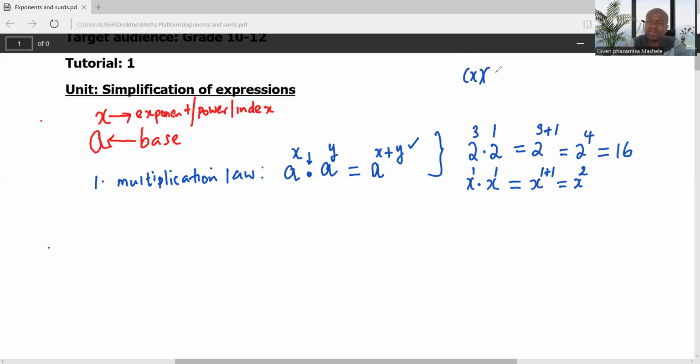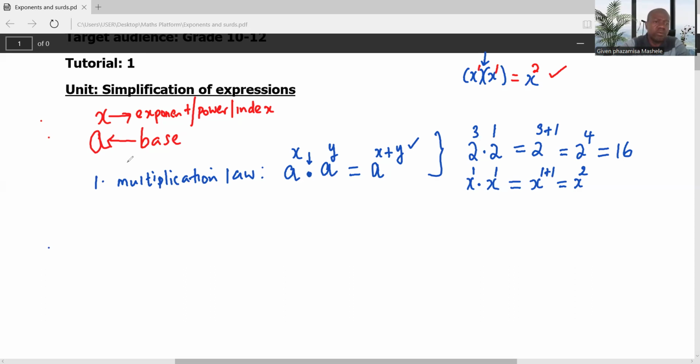So if we have something like this, we know in between there is multiplication, which means the same applies, we can still use the multiplication law that says when the bases are the same, we take one base, which is x, and we add the exponents, which will be 1 plus 1, which gives us 2. This is according to the first law.